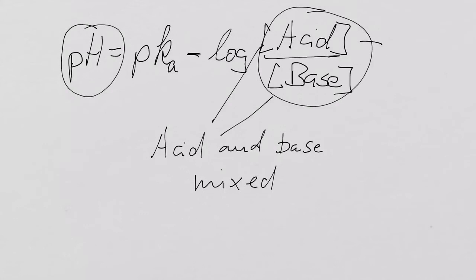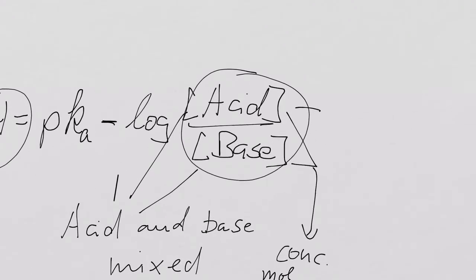Sometimes we don't need to deal with the volume, because concentration is defined as mole per volume. If we have everything in one pot, the volume is the same for both, so we can just use the mole of acid divided by the mole of base.